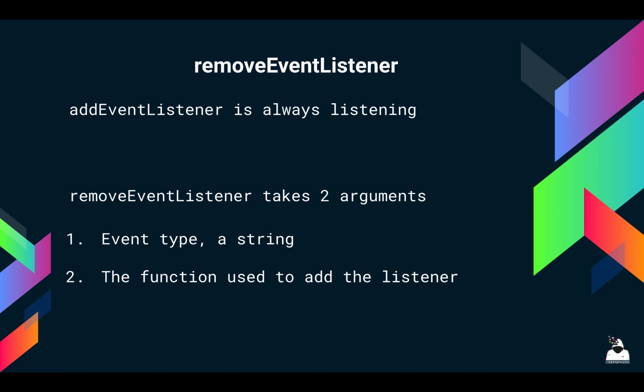A problem with removeEventListener is that you need to reference the same function that you used when you called addEventListener. Now, in most of the examples in my code, that's just not possible, because we've written inline anonymous functions.